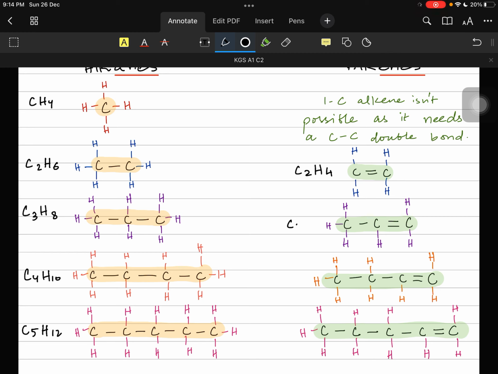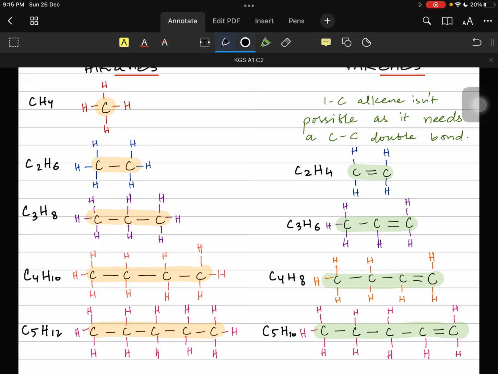This one is C3H6. This one is C4H8. I'll put it a little at a distance. C4H8. This one is C5H10. You see, every time the length of the carbon is increasing, you are getting 2 new hydrogens.